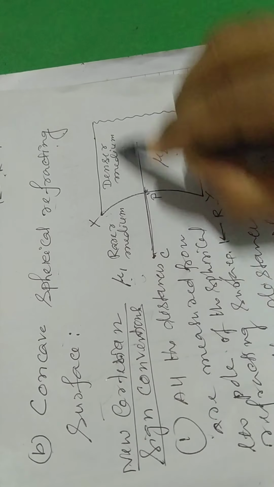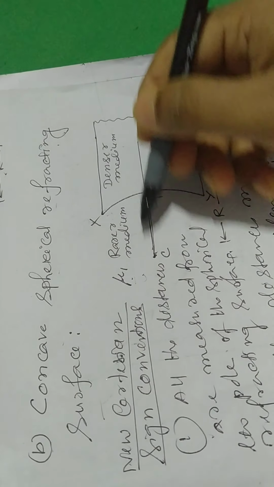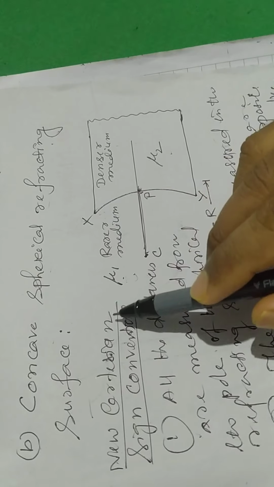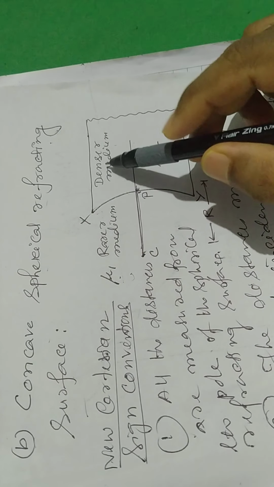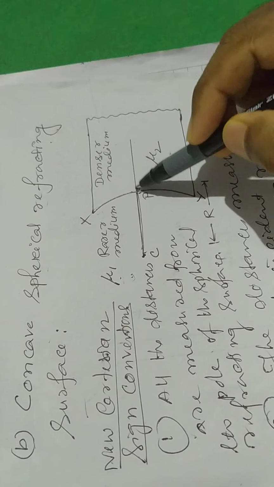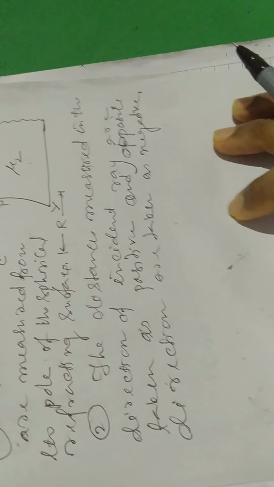If you measure along the direction of incident ray, it will be positive, and if you measure in the opposite direction of incident ray, it will be negative. Say, as for example, observe a ray of light coming from left to right. So left of P will be negative, right of P will be positive. That is according to sign convention.